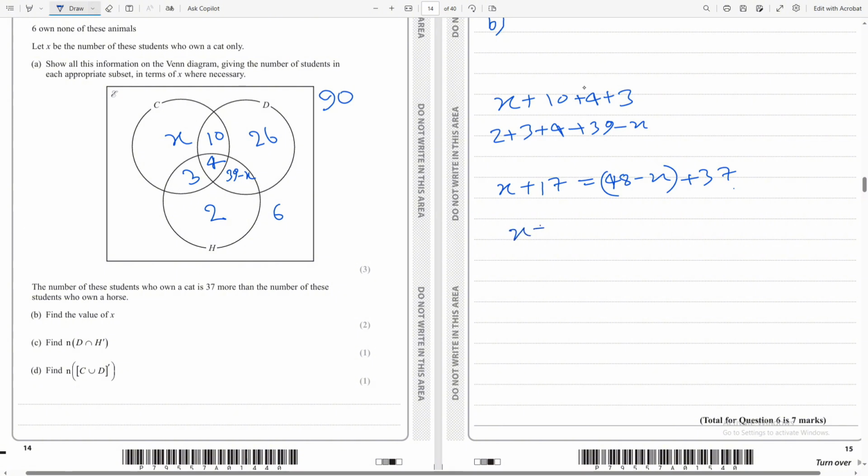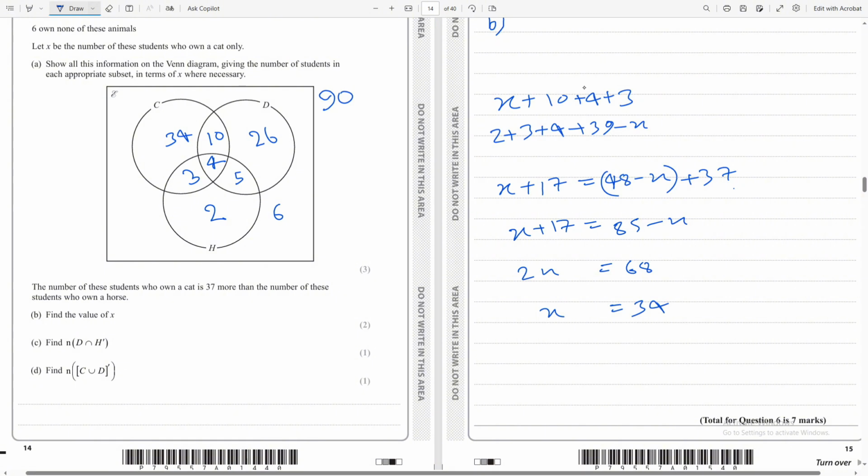Now we can just solve this equation to find the value of x. 35 minus x, 2x equals 68, x equals 34. As x equals 34, let's substitute these values here. This is 34, and this is 39 minus 34, which is 5.